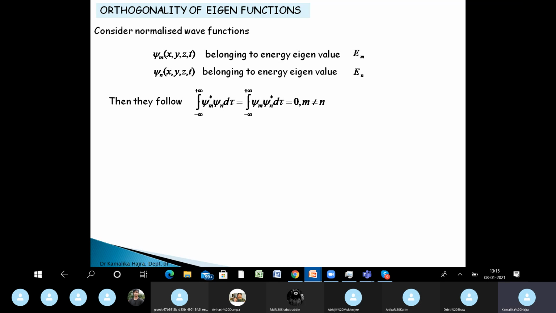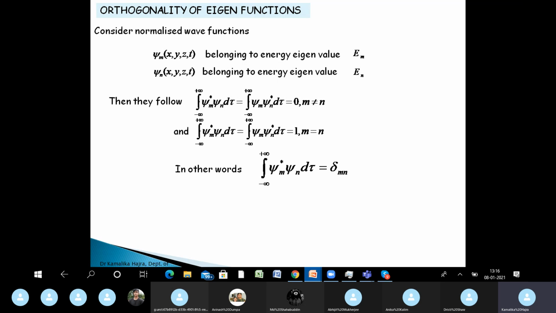Then you can see that they follow that the integration of psi m star psi n from minus infinity to plus infinity is equal to the integration of psi m psi n star from minus infinity to plus infinity, equal to 0 if m not equal to n, and equal to 1 if m equal to n. Okay, so in other words, the integral of psi m star psi n d tau equals the Kronecker delta delta mn, which is 1 if m equal to n and 0 for m not equal to n.